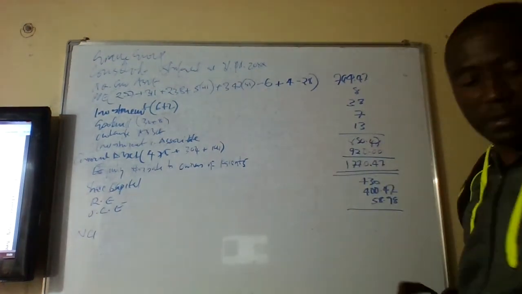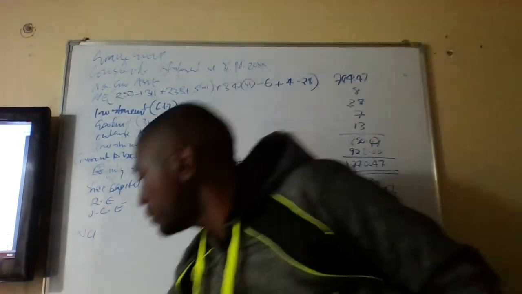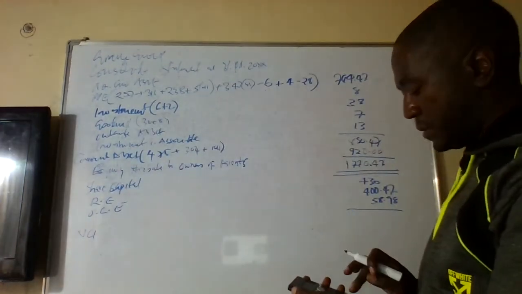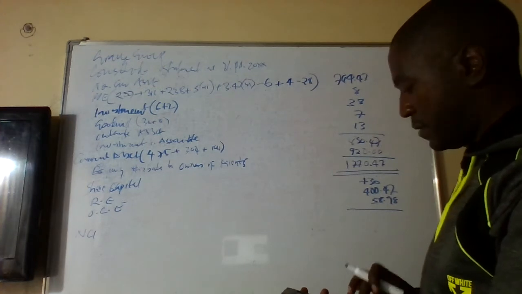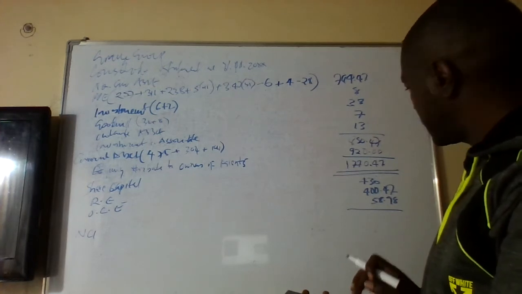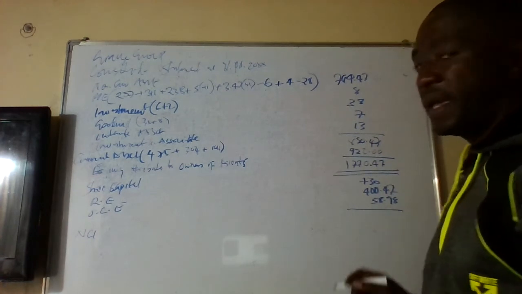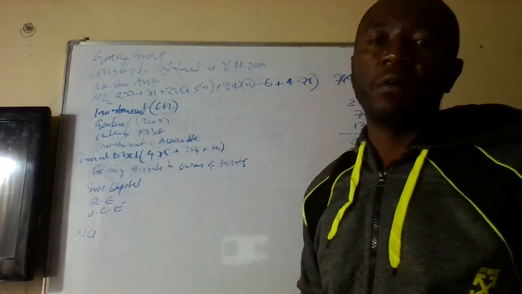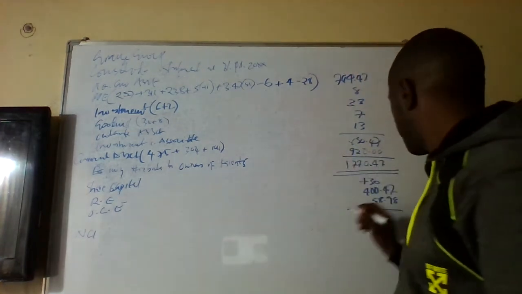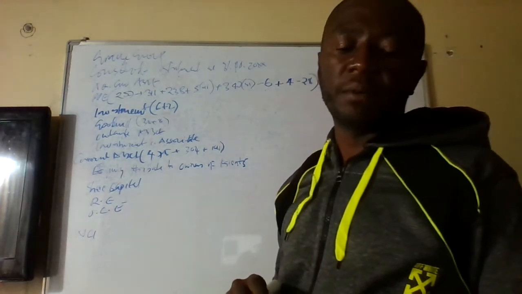So to this we add a non-controlling interest, which we computed. So if we say 430 plus 400.47 plus 58.98, it gives you 889.47.